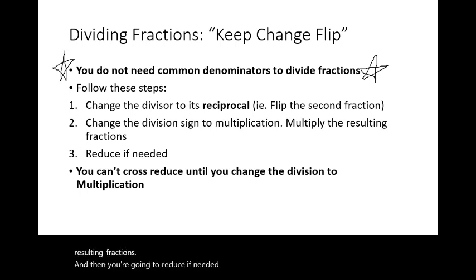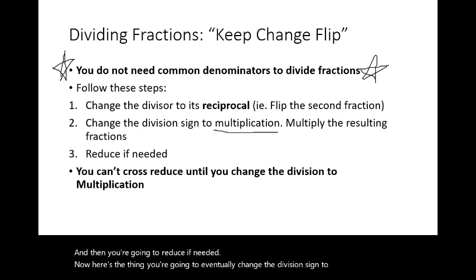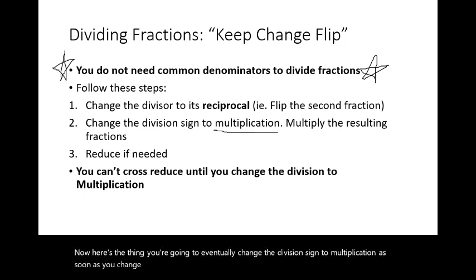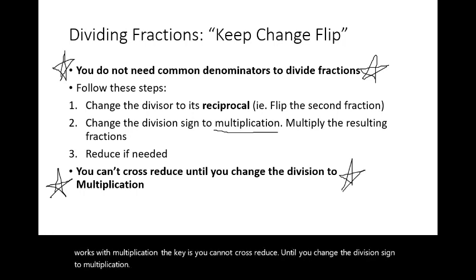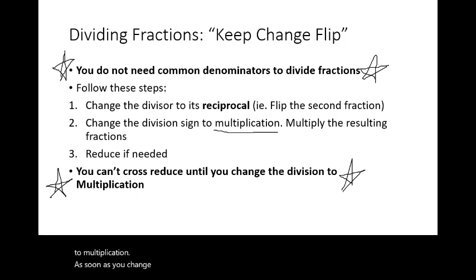Now here's the thing. You're going to eventually change the division sign to multiplication. As soon as you change the division to multiplication, you can cross-reduce because cross-reducing works with multiplication. The key is you cannot cross-reduce until you change the division sign to multiplication. As soon as you change that division sign to multiplication, you can start cross-reducing.